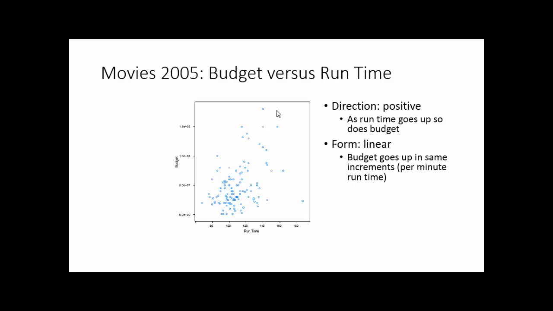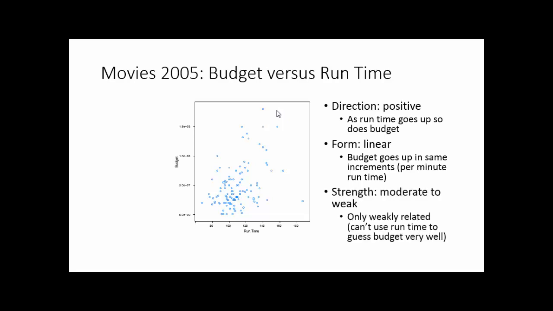And since there doesn't seem to be anything obvious in this picture, we stick with our claim that this has linear form, right? Now, what a linear form means is that the budget goes up the same amount, in some general sense, for each additional minute. We have sort of the same increment of budget.